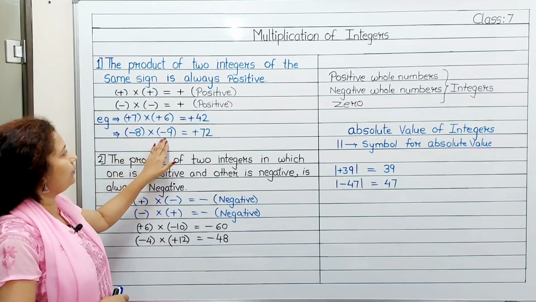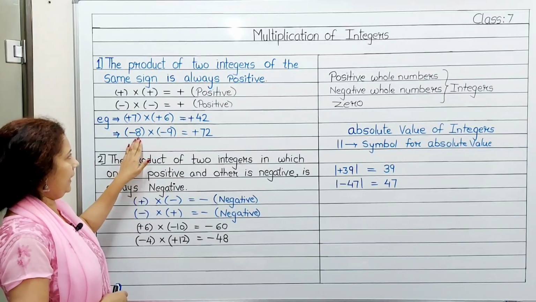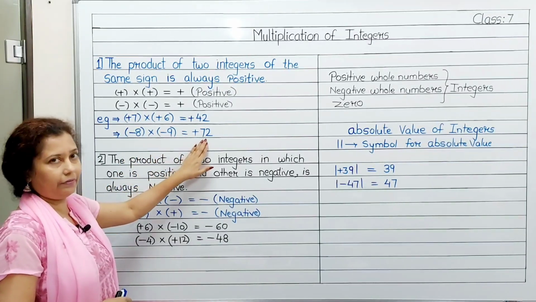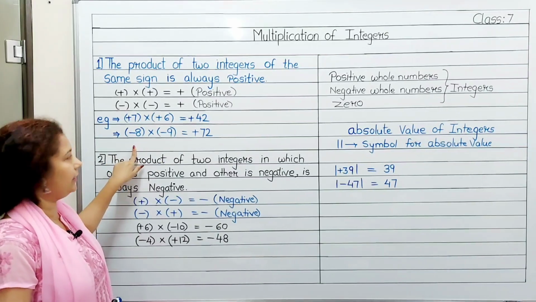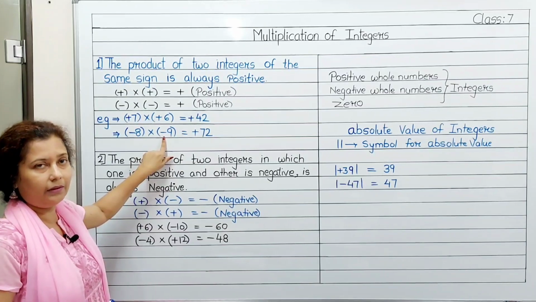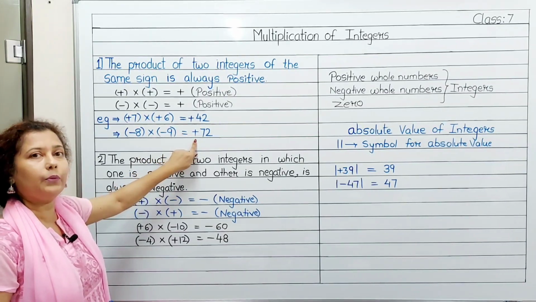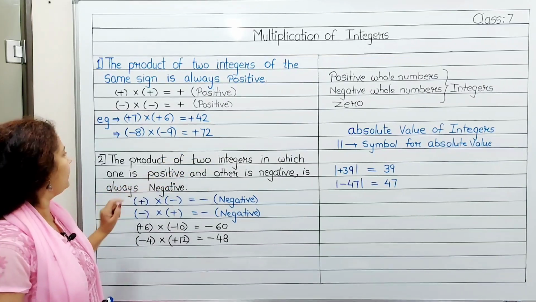Minus 8 into minus 9, again we will multiply the absolute values. 8 into 9 is 72. Then we will see which signs are present over here. It is negative and negative. Both are having same sign. So here the result will be a positive. So here we will write plus 72.